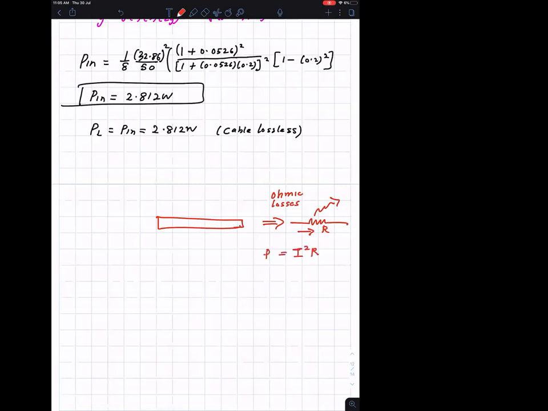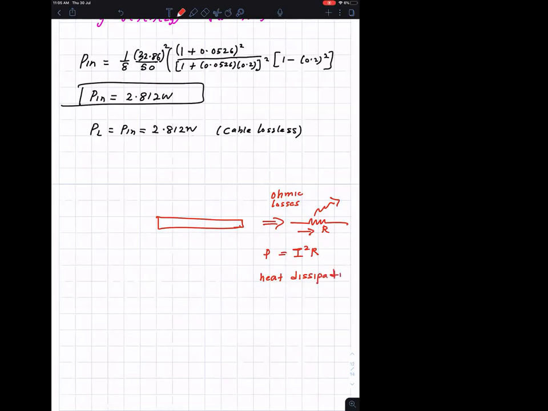Does that power loss count as heat loss, sir? Yeah, heat dissipation. So this is nothing to do with the reflection.